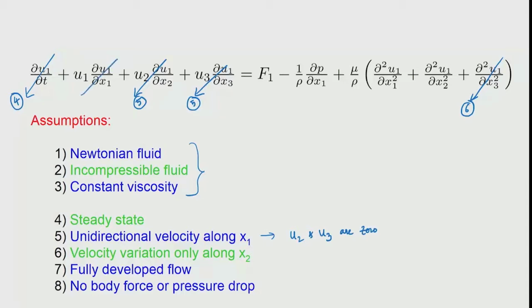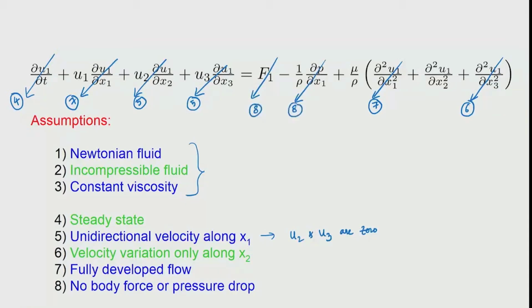So we drop this term because of assumption 7, and the second derivative of the same term also goes away. And then we say that there is no body force or pressure drop in this particular problem. It is a very simple problem, so we knock off these two terms also because of assumption 8.